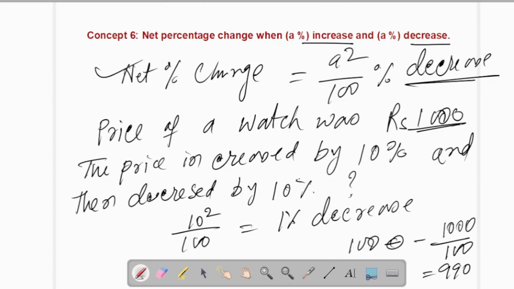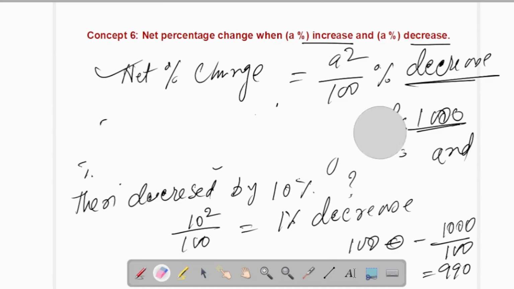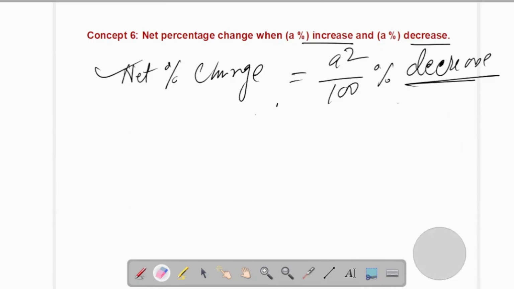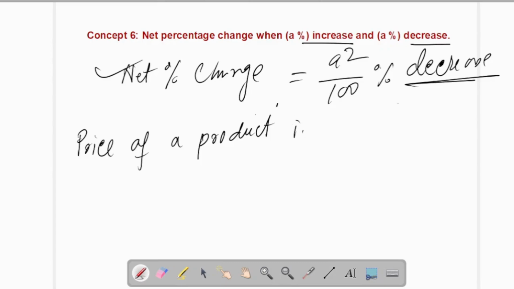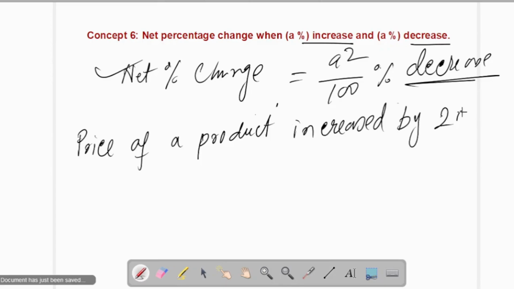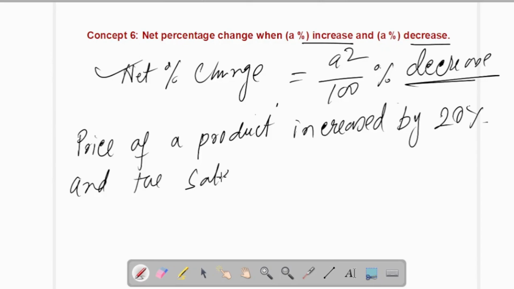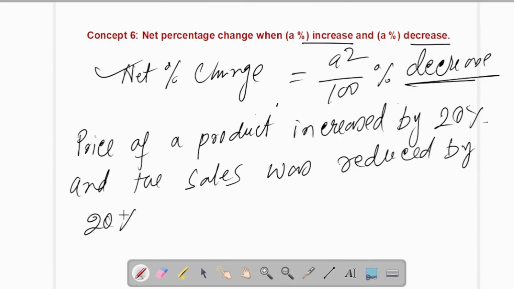Hope you understand. So let us discuss another problem with the same concept. Price of a product increased by 20% and the sales was reduced by 20%.